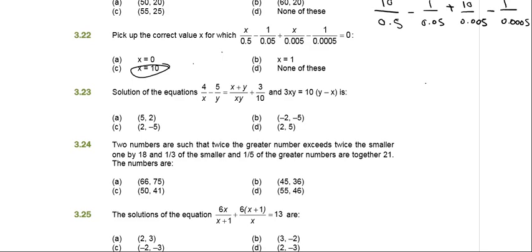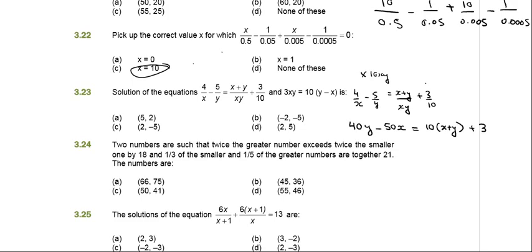If we multiply the first equation by 10xy, if we multiply 4 divided by x minus 5 over y is equal to x plus y over xy plus 3 divided by 10 by 10xy, our left hand side will become 4 over x times 10xy, x and x will cancel, so this will be 40y minus 5 into 10 is 50 into x, y and y will cancel, is equal to 10 times x plus y, xy will cancel, plus 3xy, 10 will cancel.